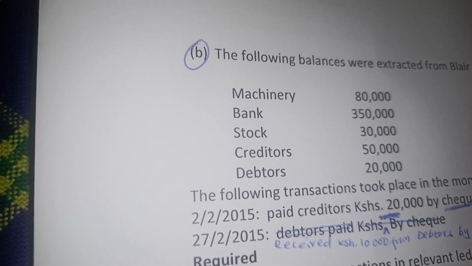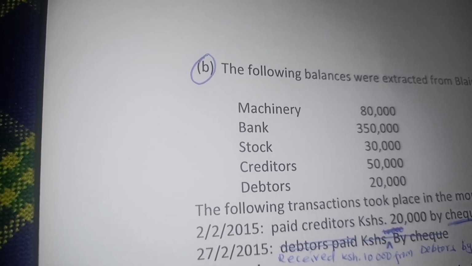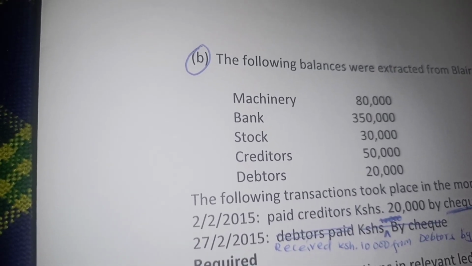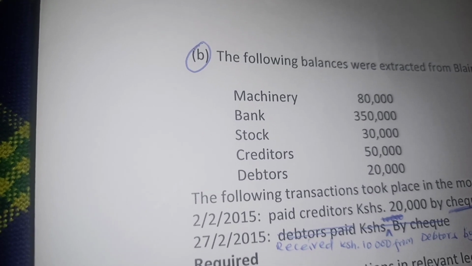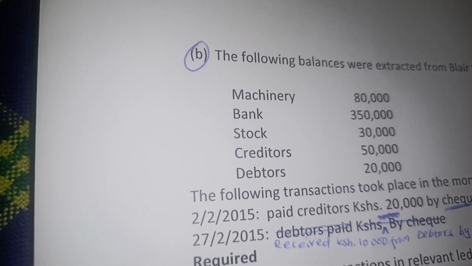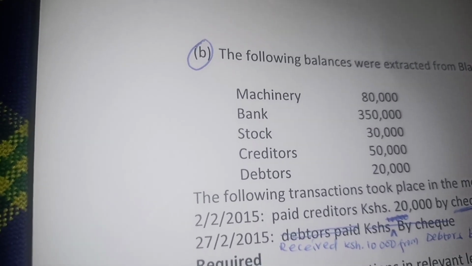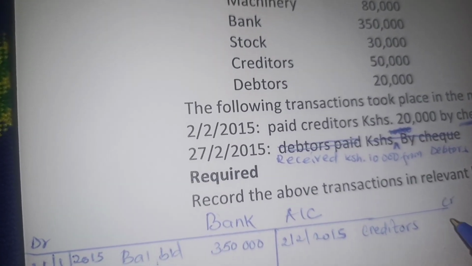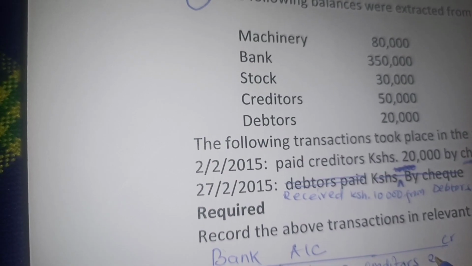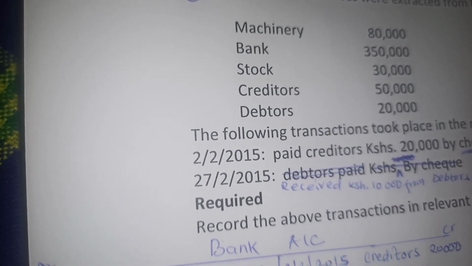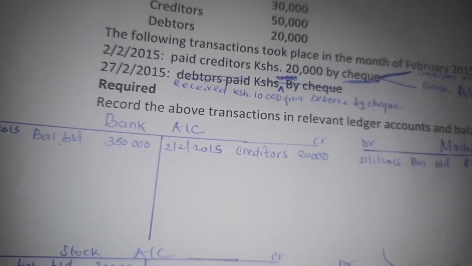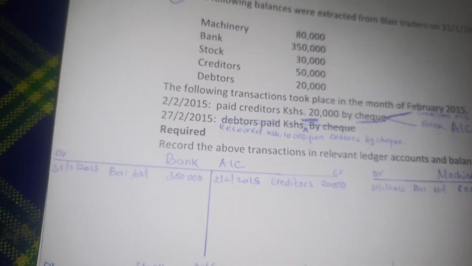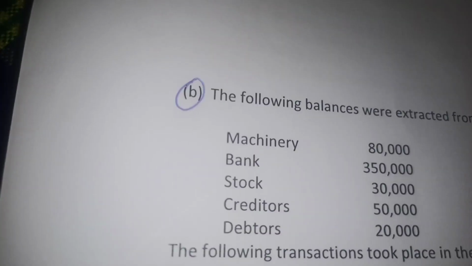We have on 2nd of February 2015, where did this money go to? It paid creditors. So you write the name of the other affected account. How much? 20,000.